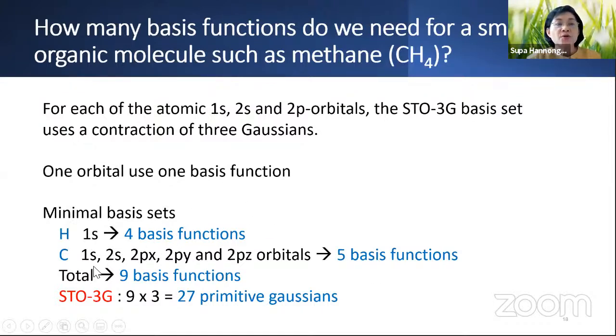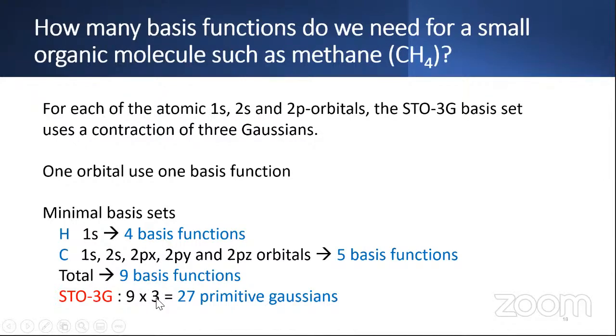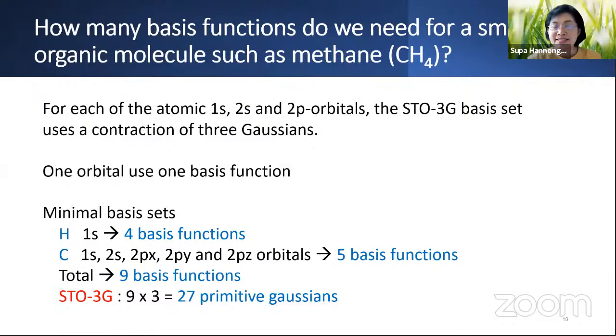In total, for methane, you have 9 basis functions because one orbital needs one basis function, right? Okay, and one basis function consists of 3 GTOs, if you remember.